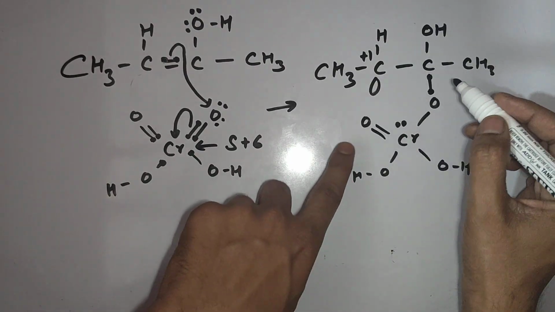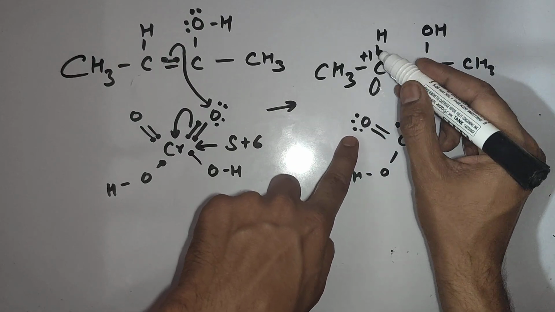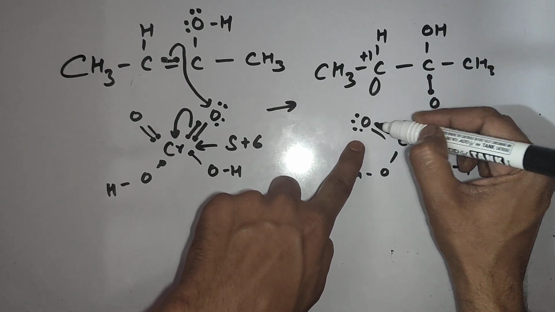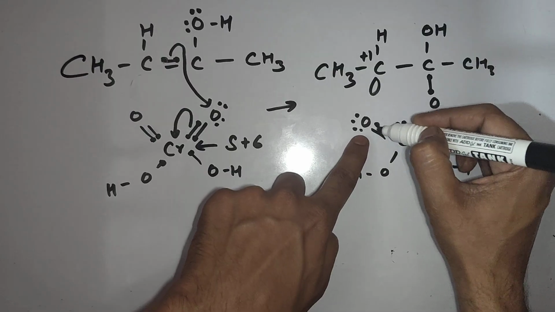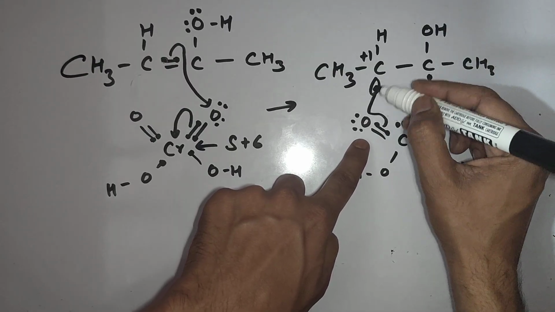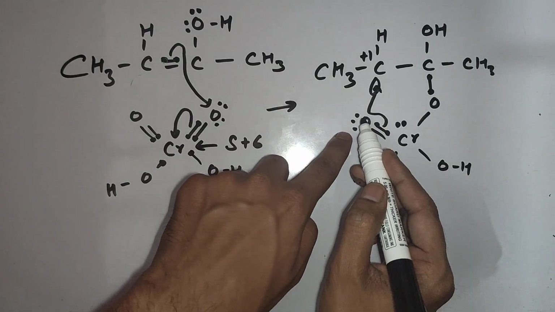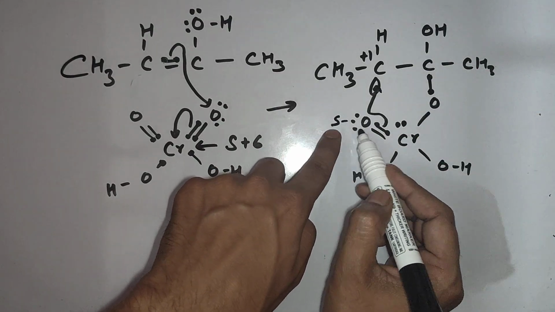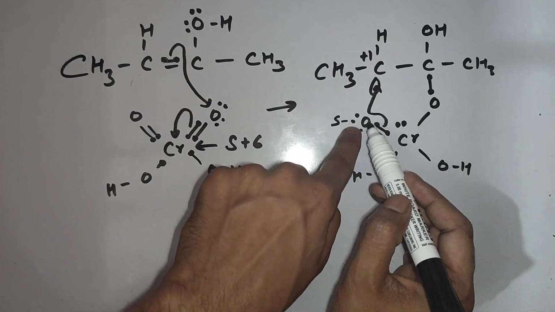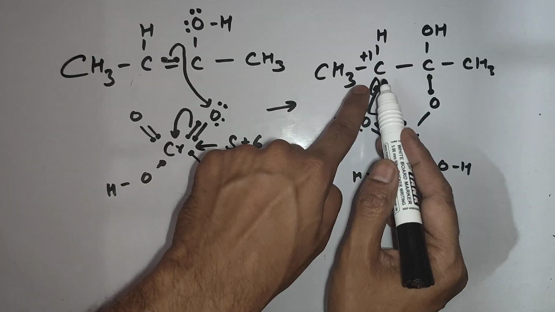Now due to this vacant orbital and a positive charge, the pi electrons of oxygen and chromium will get shifted toward this vacant orbital, and bond formation will happen, because oxygen is partially negative, as you know, due to higher electronegativity, so it has a tendency to shift these pi electrons to the vacant orbital.